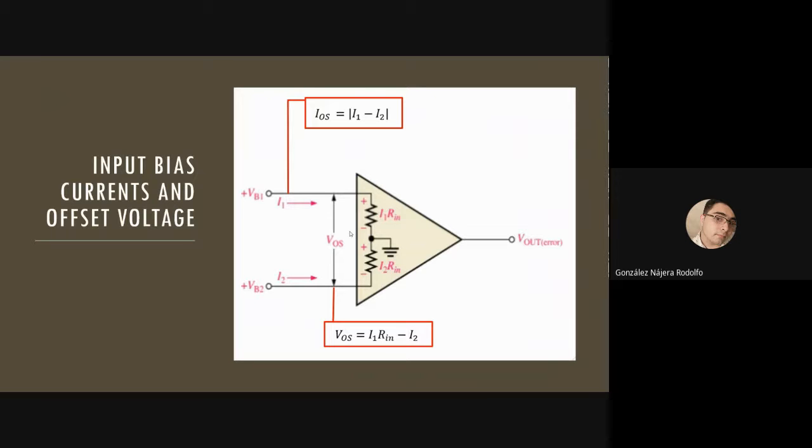Then input bias current and offset voltage. Now we have some calculation of the input current and the offset voltage depending on the input bias.